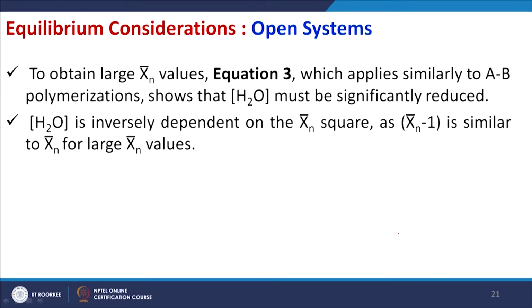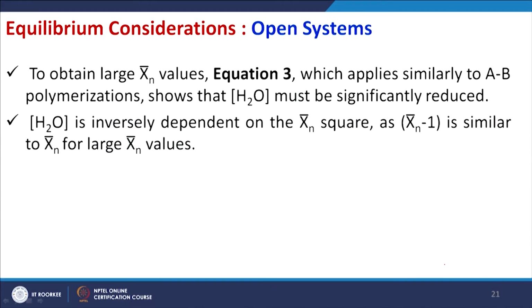Now, to obtain a large Xn value, the previous equation number 3, which applies similarly to AB type polymerization, shows that the concentration of water must be significantly reduced. Now, the concentration of water is inversely dependent on Xn bar squared, as Xn bar minus 1 is similar to Xn bar for larger Xn values.